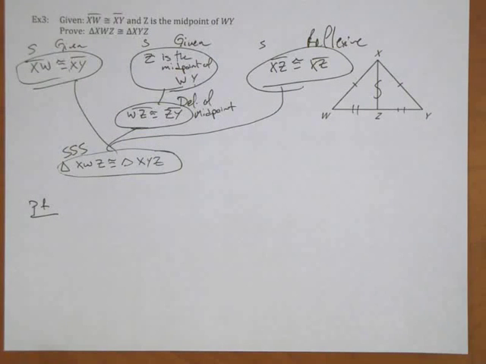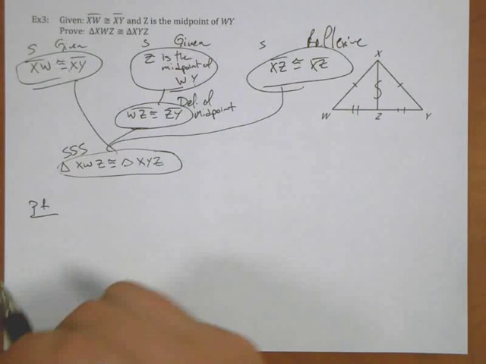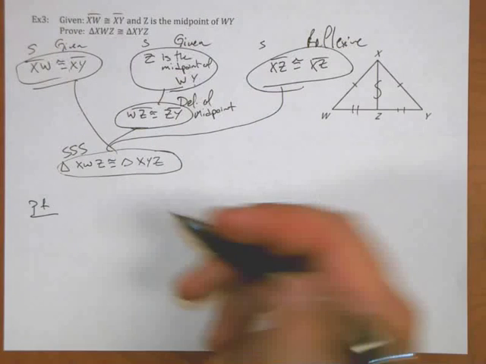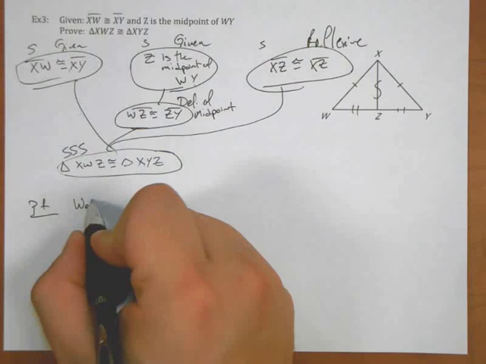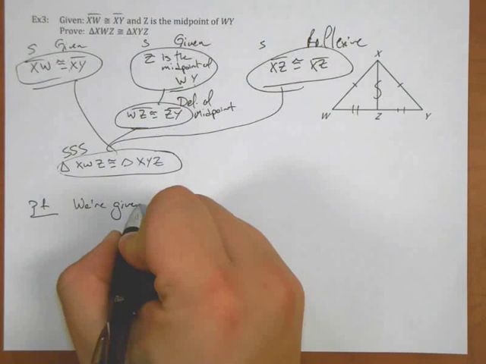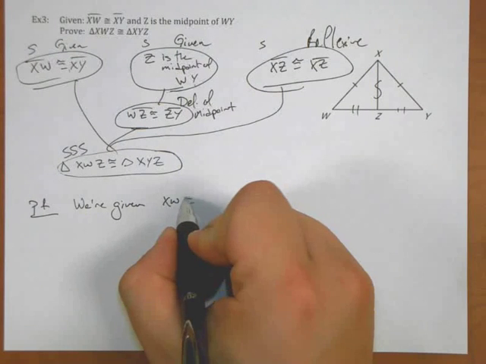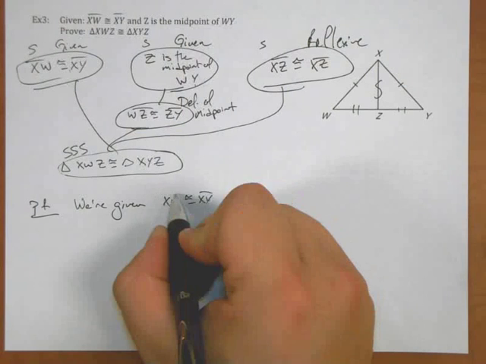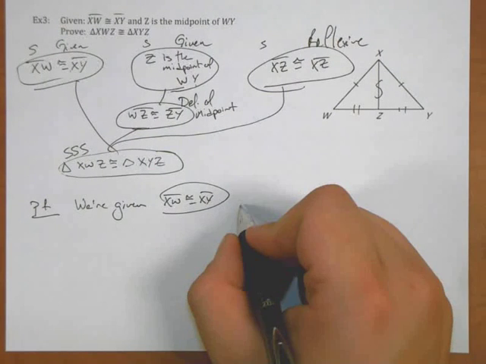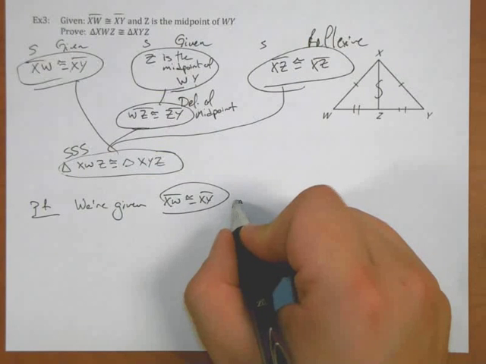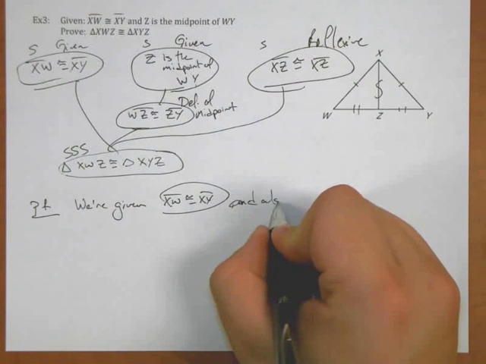Therefore, I found that 1, 2, 3 pairs of sides are congruent. So my proof will look something like this. I'm going to lay out my argument going up the top. I'll start with the givens. I know that XW is congruent to, shoot, I shouldn't circle that.